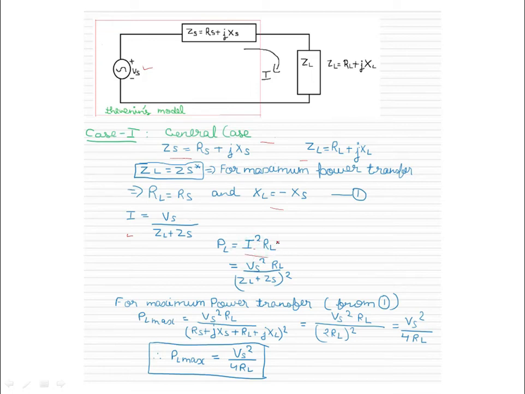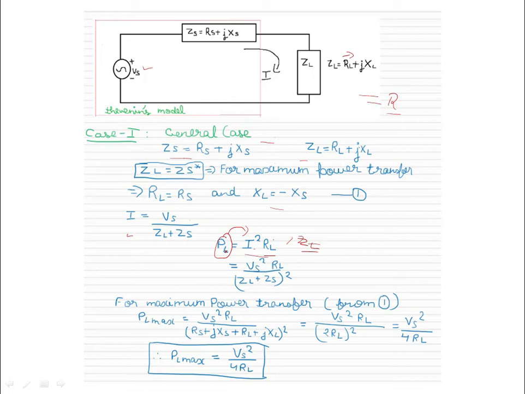Why RL, why not ZL? Because it is the active power transferred to the load, meaning power absorbed by the load, and a resistor absorbs the power. Whenever we have the term power dissipation or power absorbed, then usually a resistor is present.